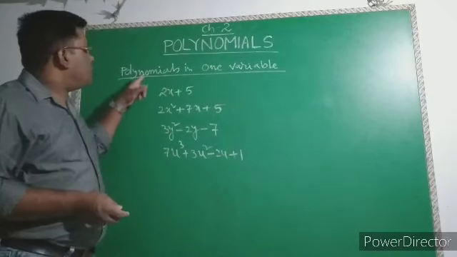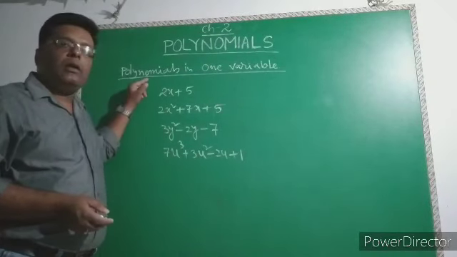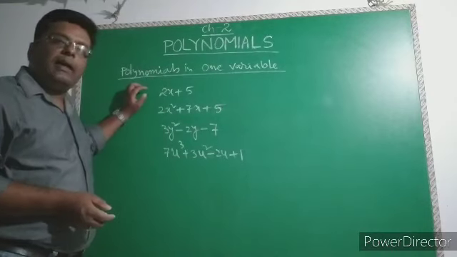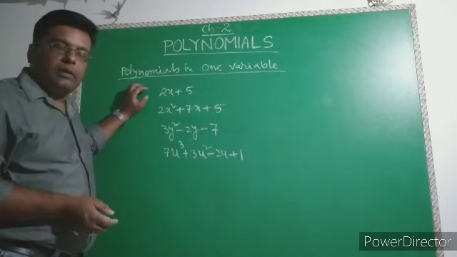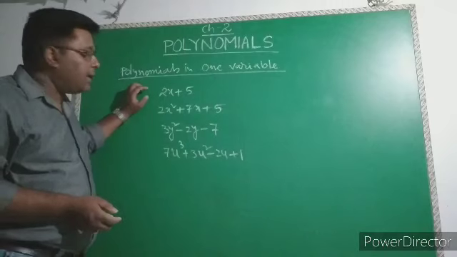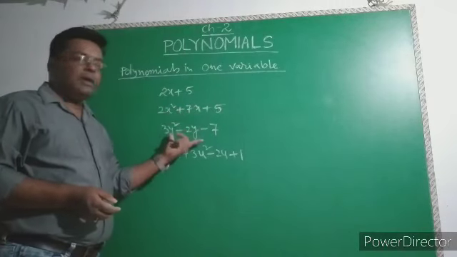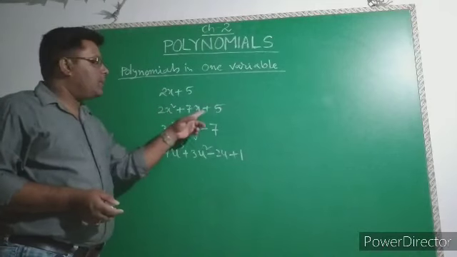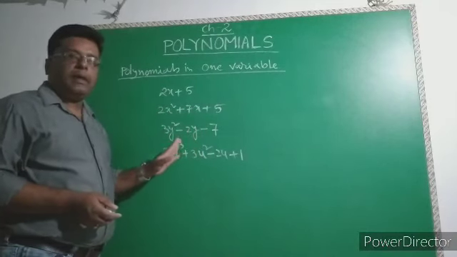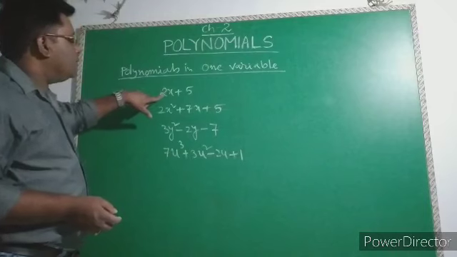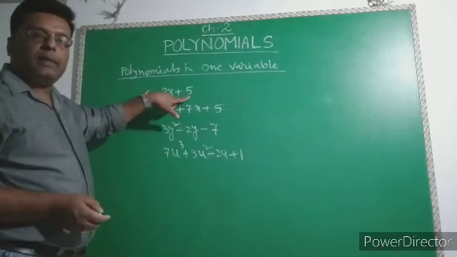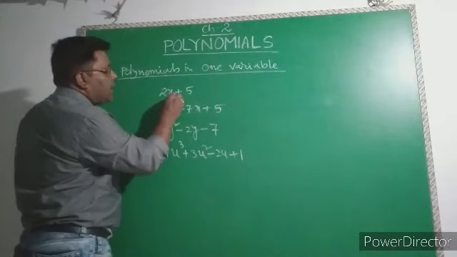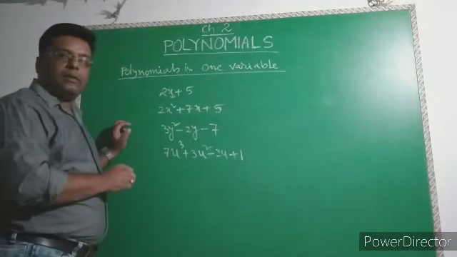Now we will discuss polynomials in one variable. Now we take some algebraic expressions here. Do you know what an algebraic expression is? It is this type, where we use variables and there are plus or minus signs in between them. Now see, here twice x plus 5. In this expression, x is the variable.